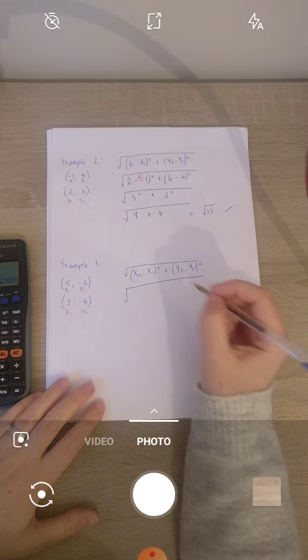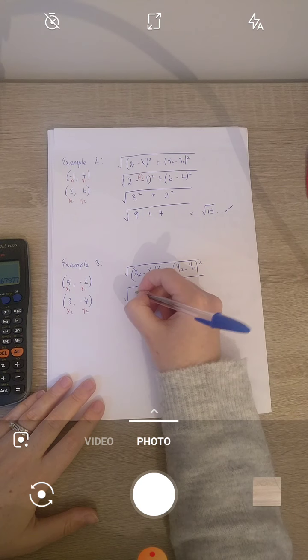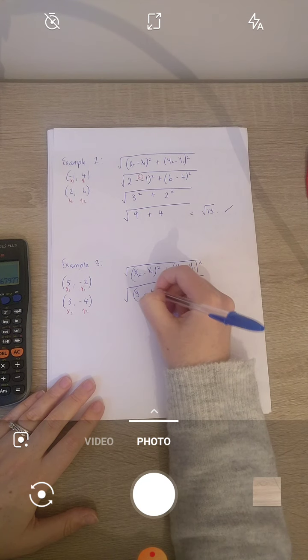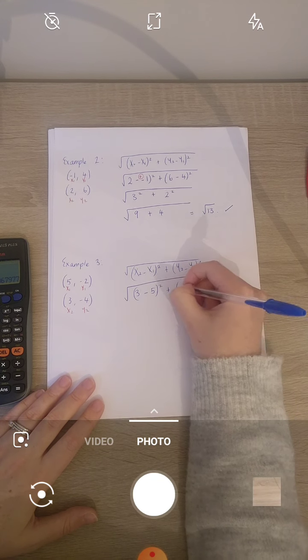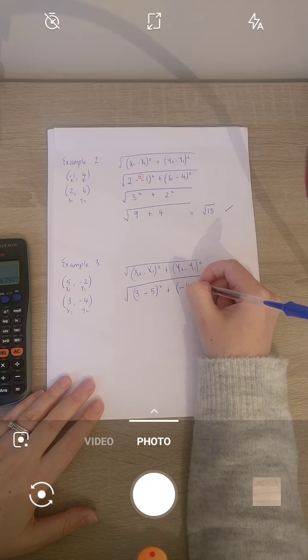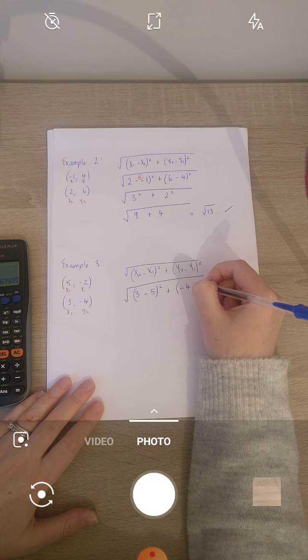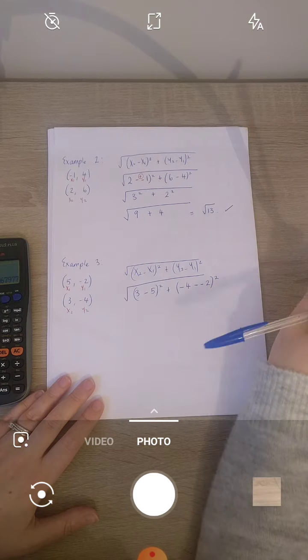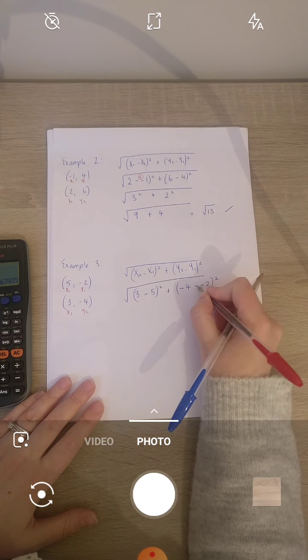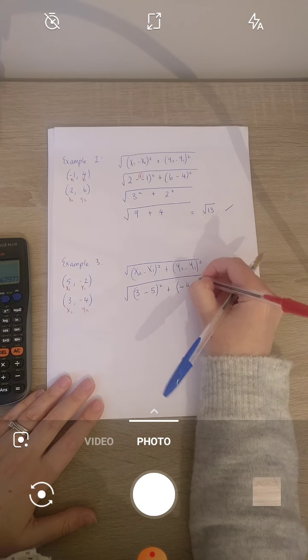So square root of x2, so we've 3 minus x1 is 5 to be squared, plus y2 is minus 4, minus y1 is minus 2 to be squared. So again, just looking here, we have a minus by a minus, which becomes plus.